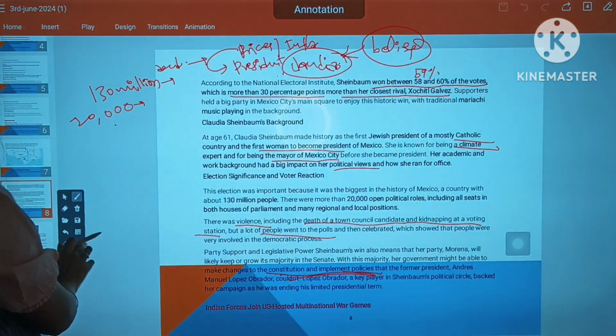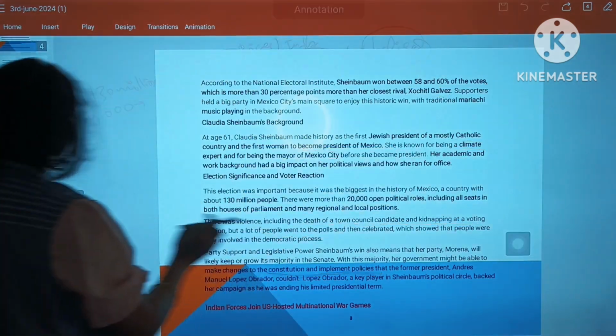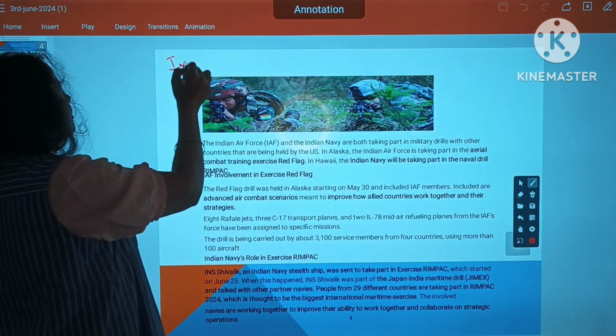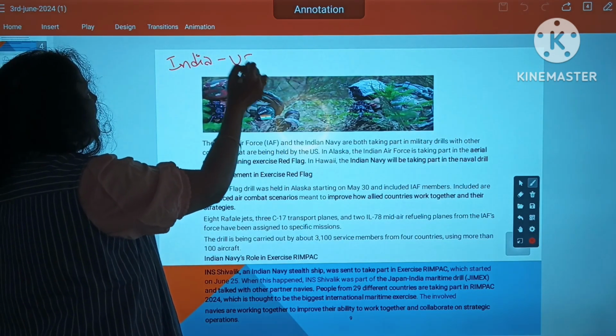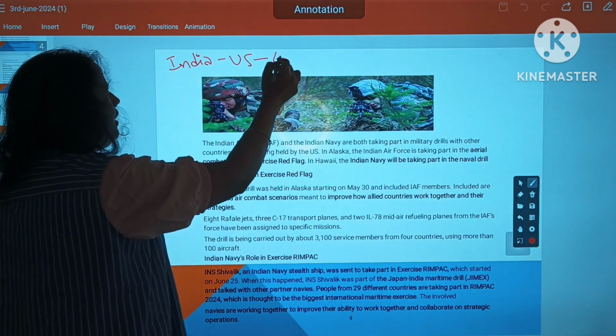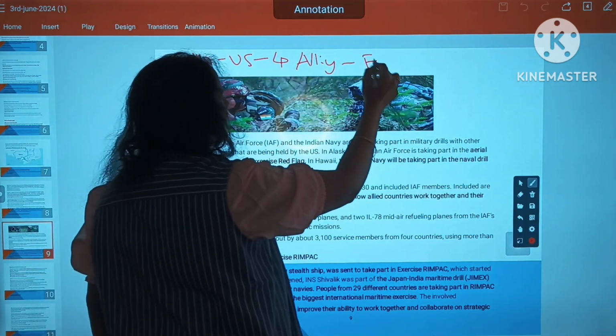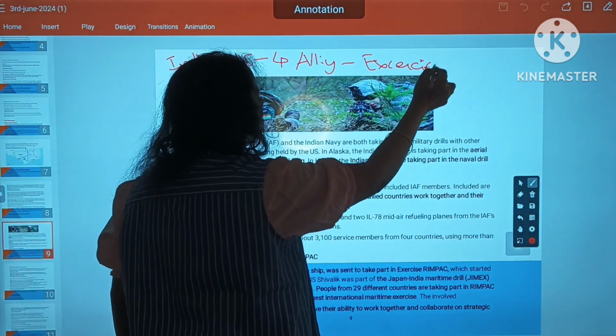Okay, and the next topic is the India USA exercise. India is joining the USA and its 4 ally countries in Exercise Red Flag.